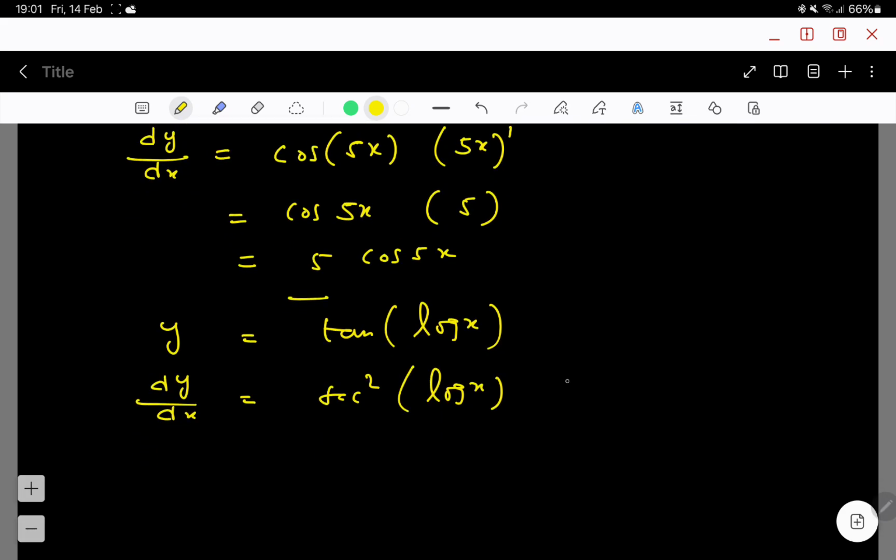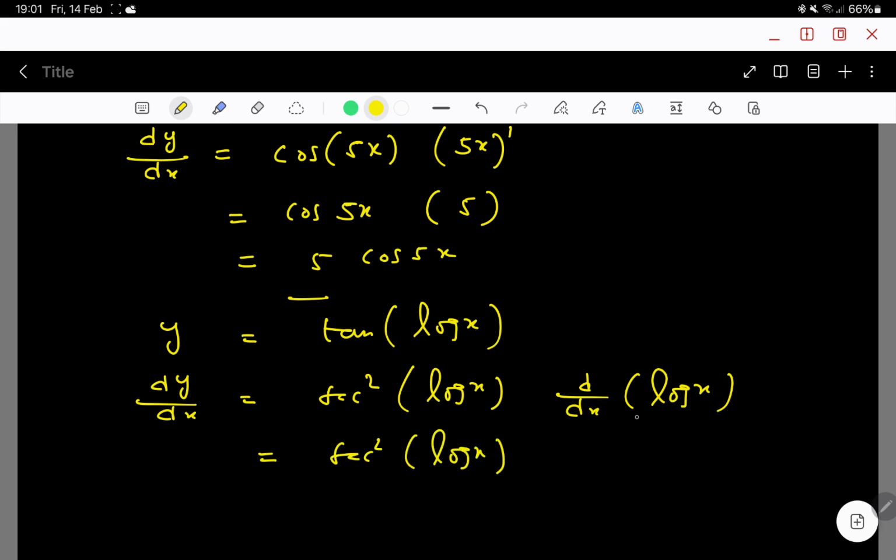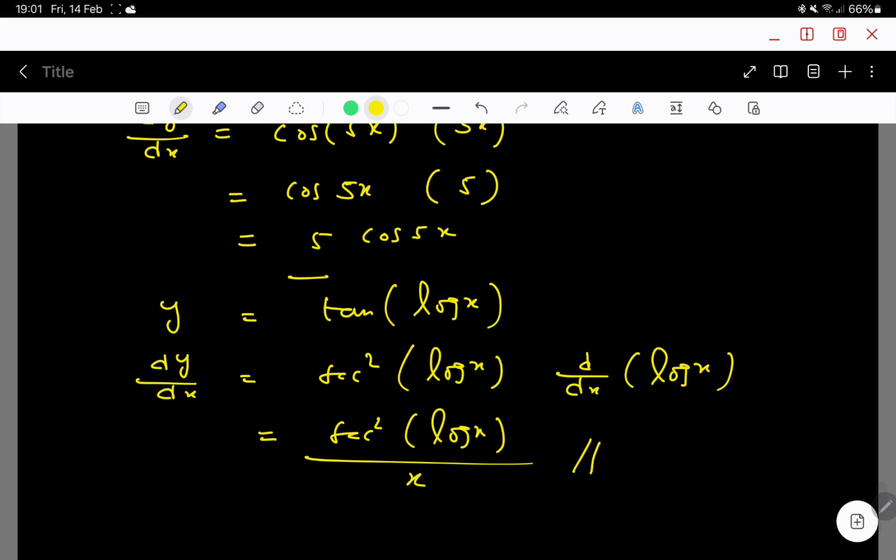Again differentiating log x, that is d by dx of log x. So secant square log x, d by dx of log x is 1 by x, so 1 by x here.